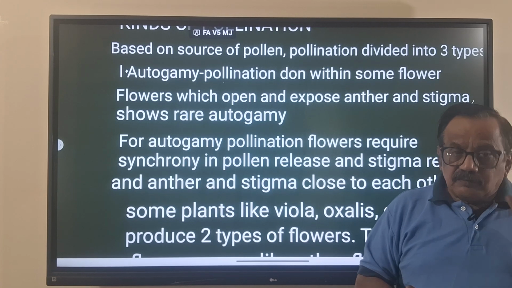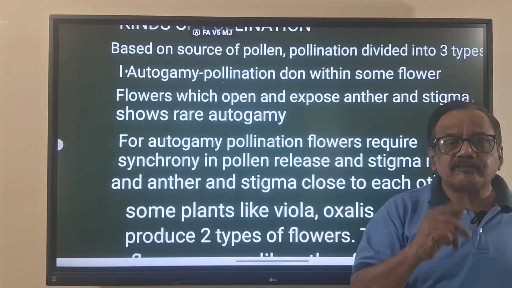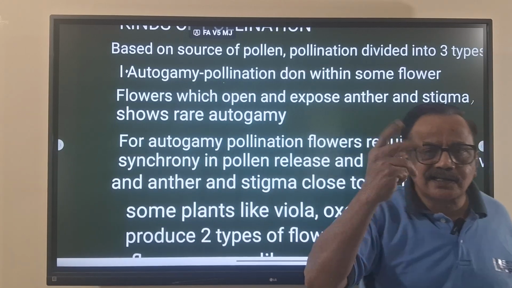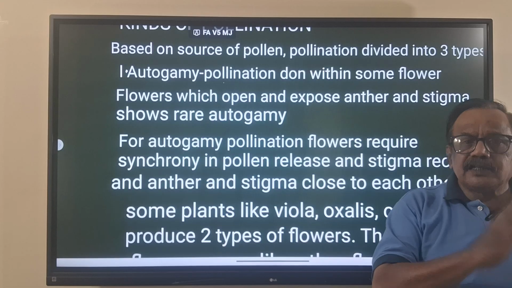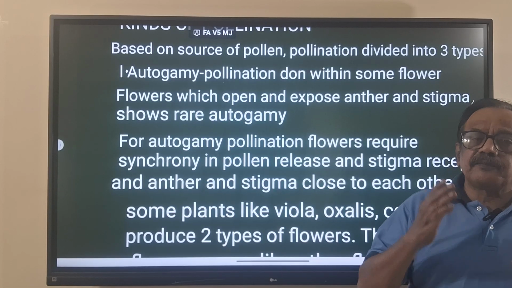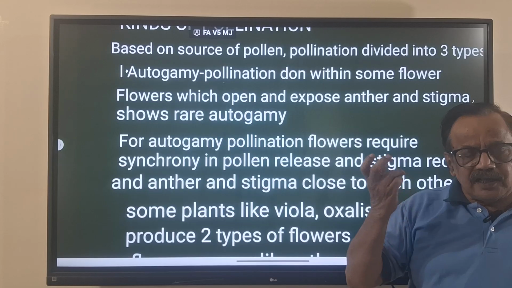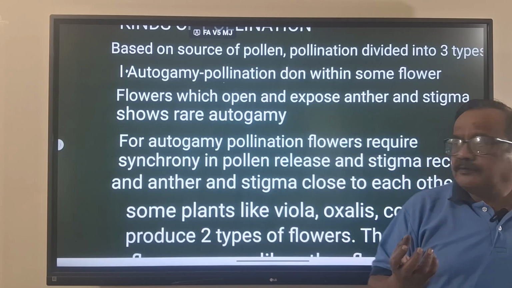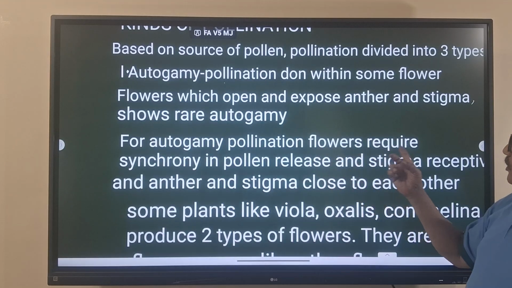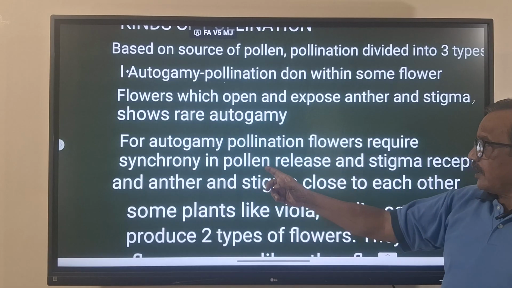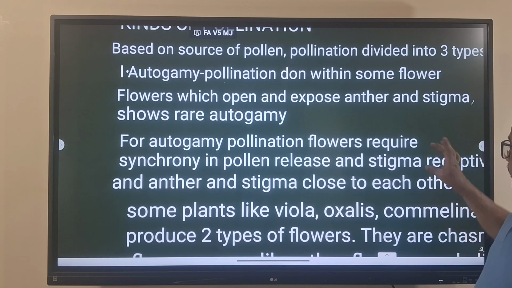Anther must mature and pistil must also mature at the same time, synchronized, coordinated maturity. The anther must release the pollen grain at the same time the pistil and stigma are ready to receive. For autogamy, flowers require synchrony in pollen release and stigma receptivity.